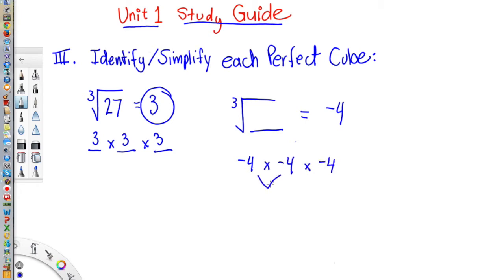Okay, negative 4 times negative 4 is going to be a positive 16. Then bring my next negative 4 down. And now, a negative 4 times 16, well, it's going to give us a negative answer. 4 times 6 is 24. Carry the 2. 4 times 1 is 4, plus the 2 is 6. So we get a negative 64 as our answer.